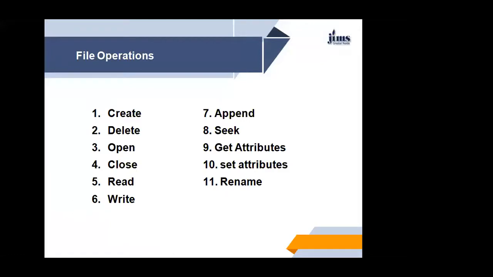Now the file operations, as we have discussed earlier: we can create a file, delete a file, open a file, close a file, read a file, write onto the file, append to a file, seek on a file, get attributes, set attributes, and rename. These are the different file operations that can be done on a file.